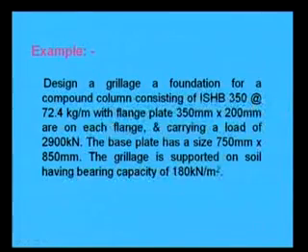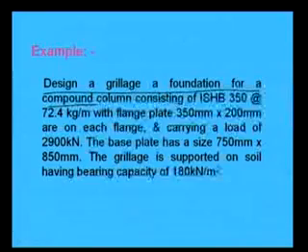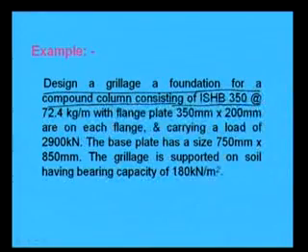to design the grillage foundation, right. So, design a grillage foundation for a compound column consisting of ISHB 350 at 72.4 kg per meter with flange plate of say 350 mm by 200 mm on each flange and carrying a load of 2900 kilonewton, right.